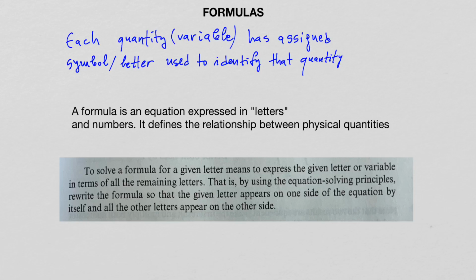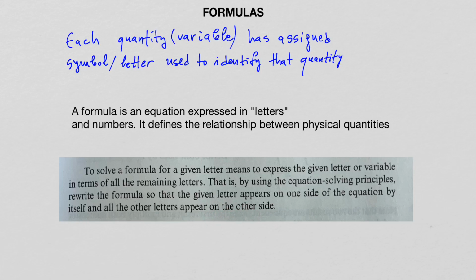So what does it mean to solve the formula? Well, to solve the formula for a given letter means to express the given letter or variable in terms of all the remaining letters. That is, by using the equation solving principles, rewrite the formula so that the given letter appears on one side of the equation by itself and all other letters appear on the other side.